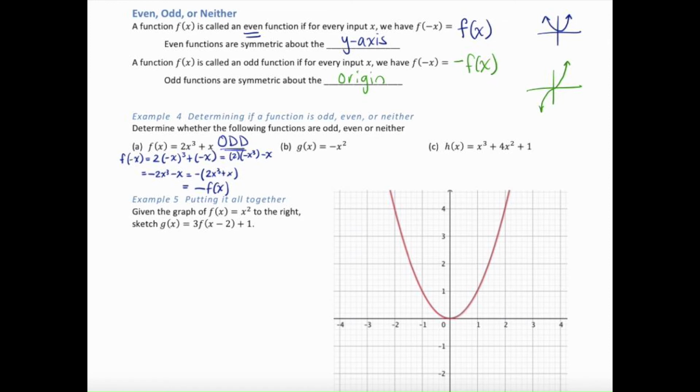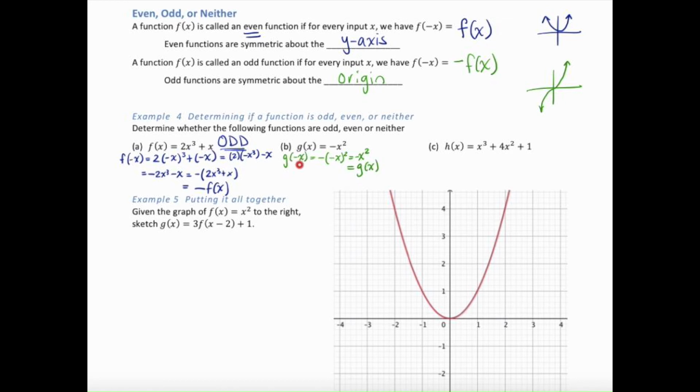Let's look at example B. G of negative x equals negative x squared. So this is a negative on the outside. A negative x times a negative x is going to be a positive x squared. And we're back to where we started. This is our original function.